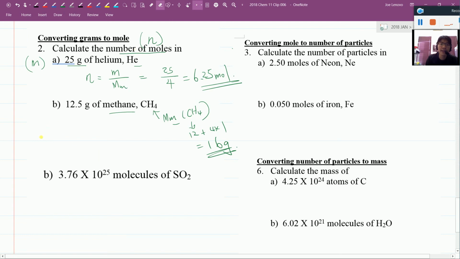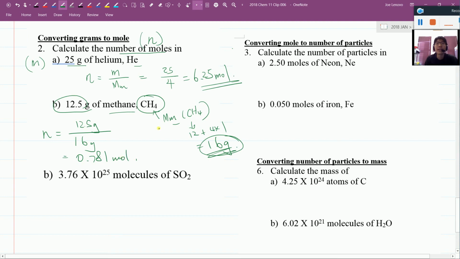I'm telling you, this sounds very difficult initially, but eventually you will see a pattern: wherever you see gram, you put it there, and wherever you see a formula, you go to your periodic table. It's 12.5 divided by 16 grams. And then we've got the answer, 12.5 divided by 16, which is 0.781.